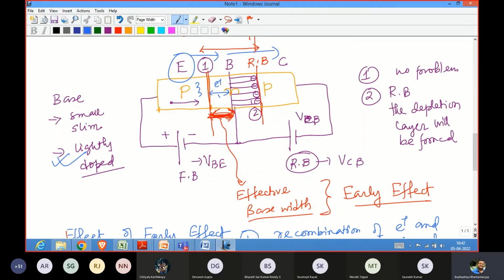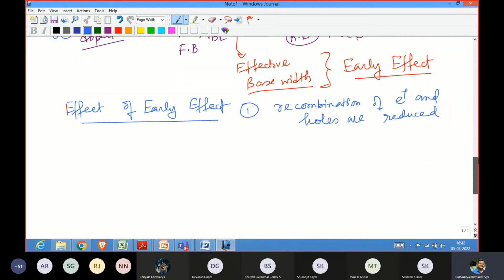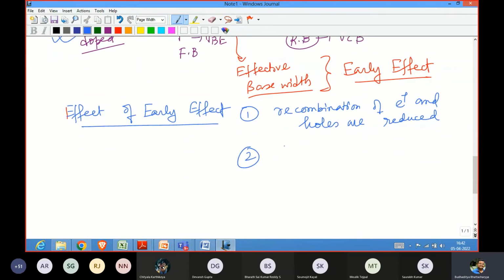So as the recombination of electrons and holes is less in the base region, more and more collector current will be received. That will help in a very important equation which we already know, alpha equals IC by IE.